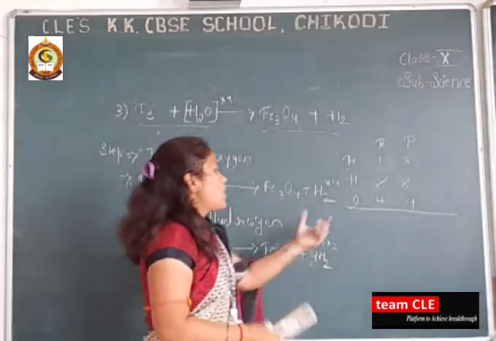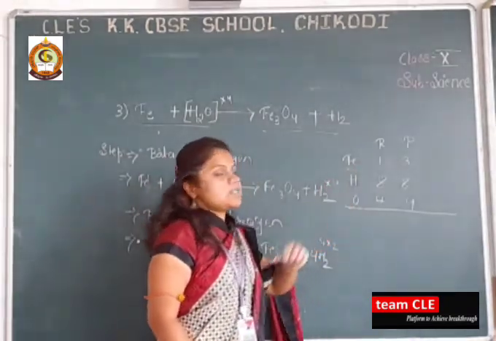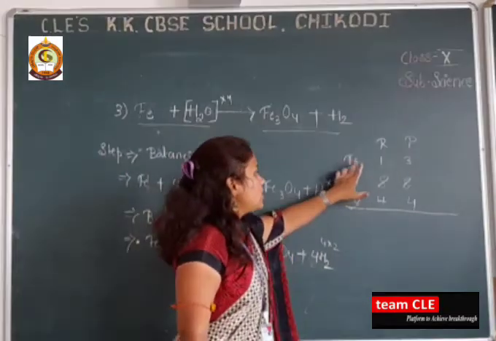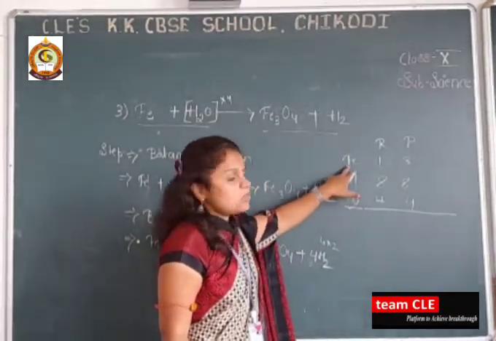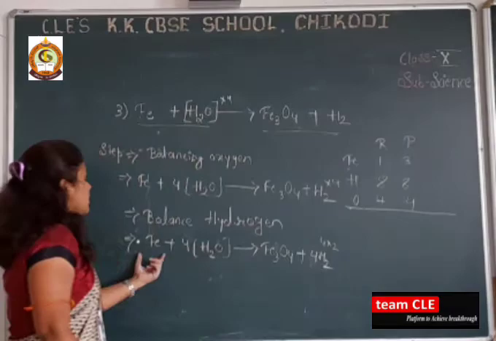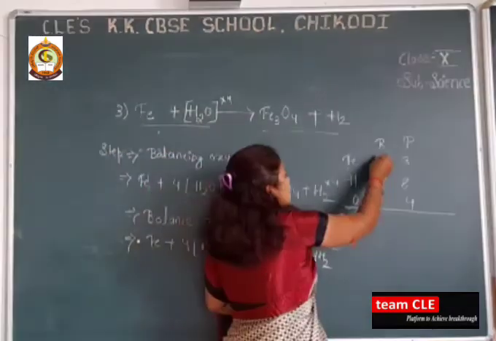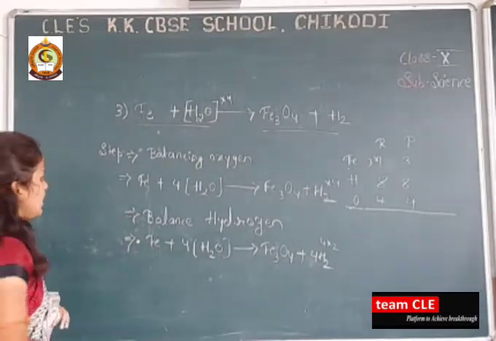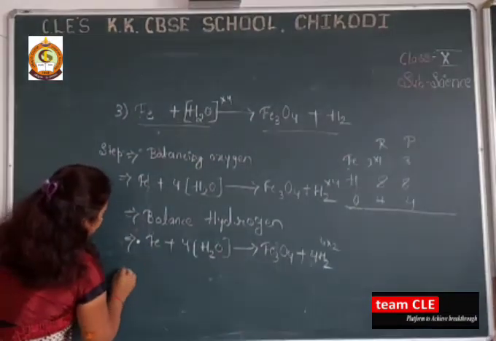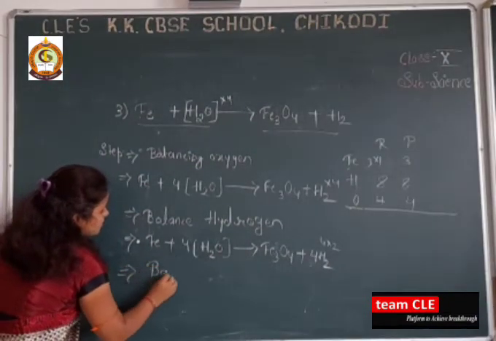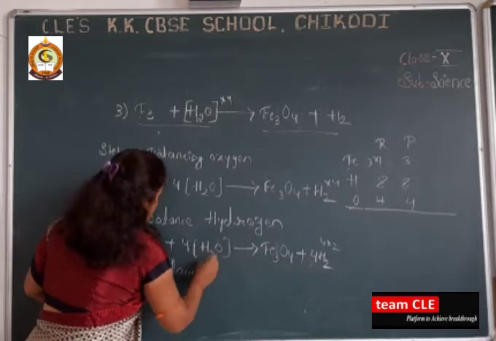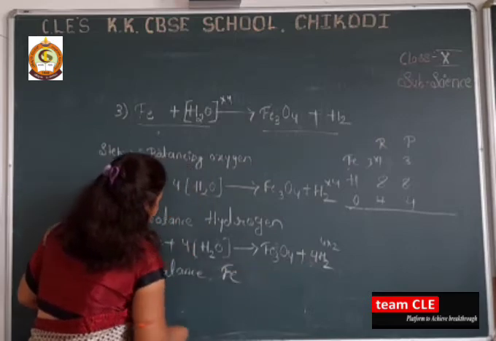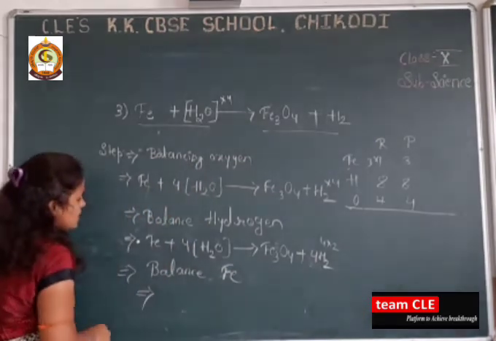Okay. So now our oxygen is balanced, hydrogen is balanced, then what about the iron? So for balancing the iron, what do we have to do? We have to multiply with the number 3. So go for balancing iron. How are you going to balance the iron?